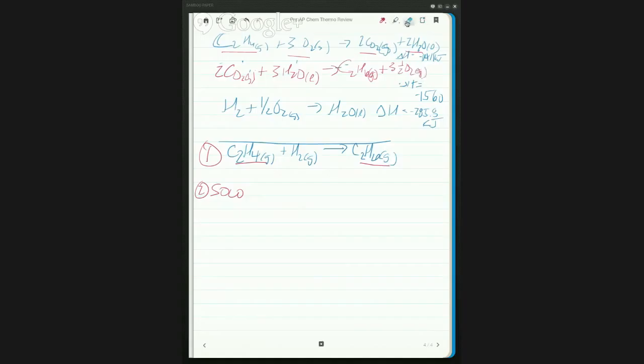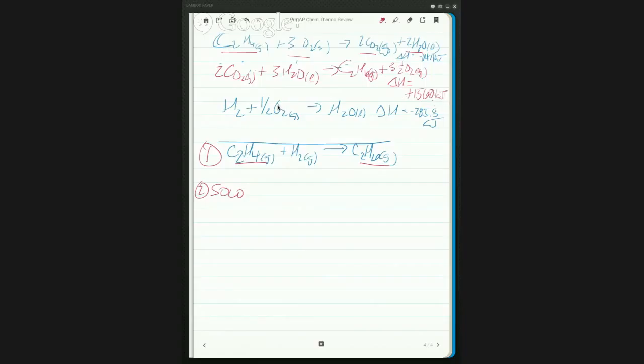Now, when I flip the reaction, I need to change the sign on my delta H. It was negative 1560, now it's positive 1560 kilojoules, okay?